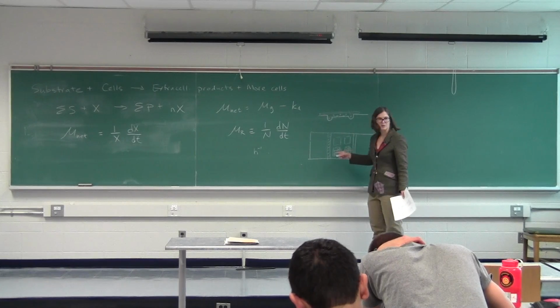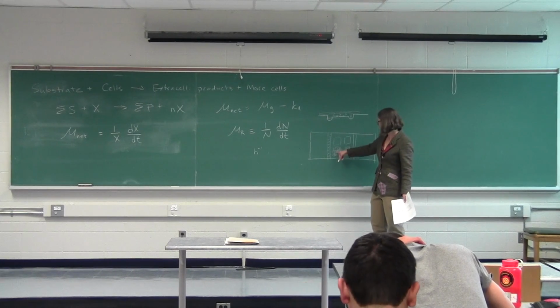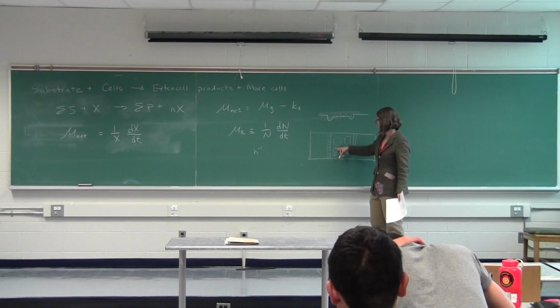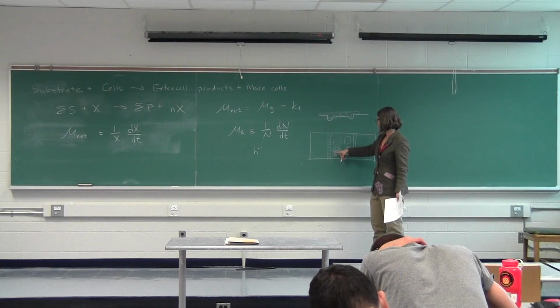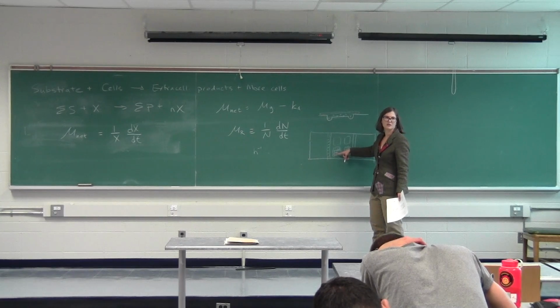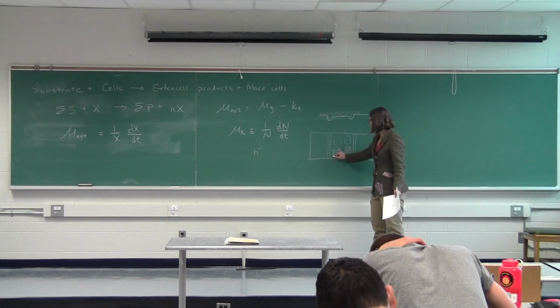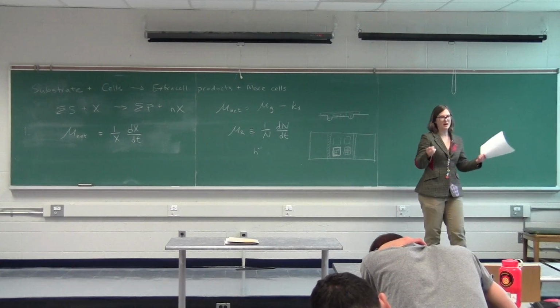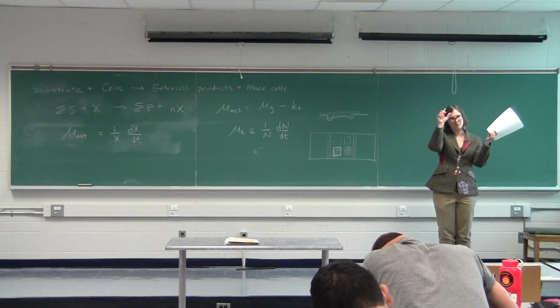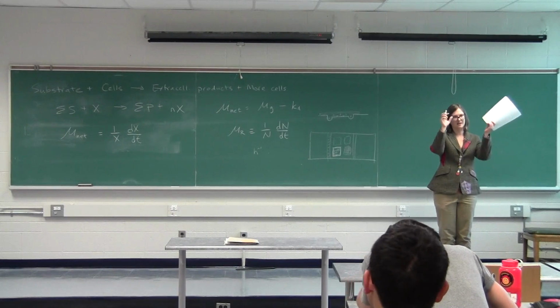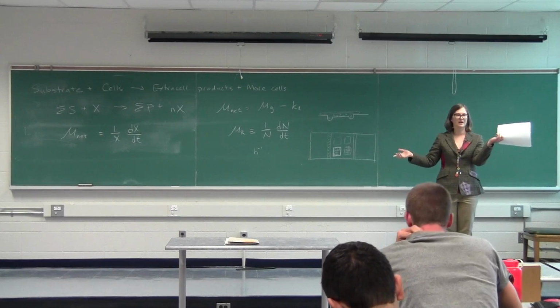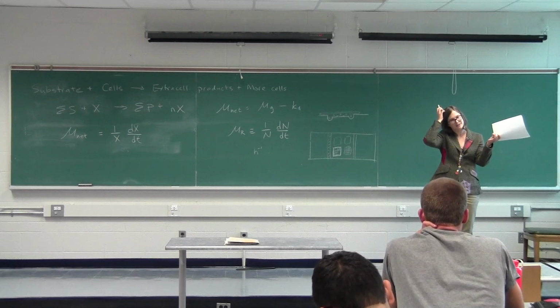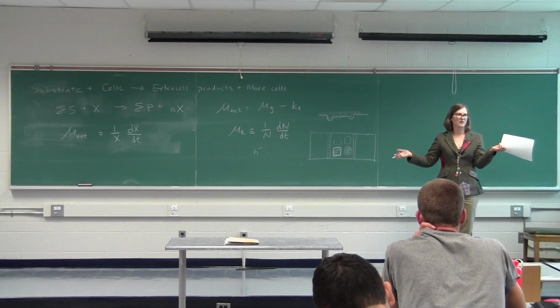But essentially what you do is you count how many cells are within the grids, which are laid out so you don't lose track of where you are, and then you figure out how many are in a whole grid area, and then you know how much volume is over top of that grid area, and you can say the number of cells divided by, I think it's 10 to the minus 4 milliliters is the concentration of your cells.